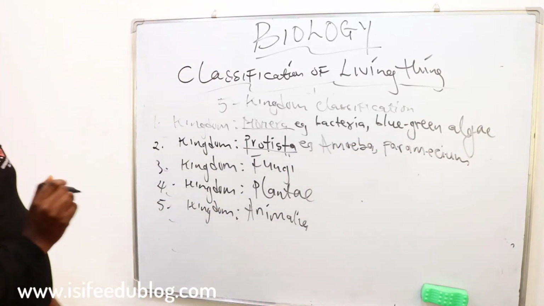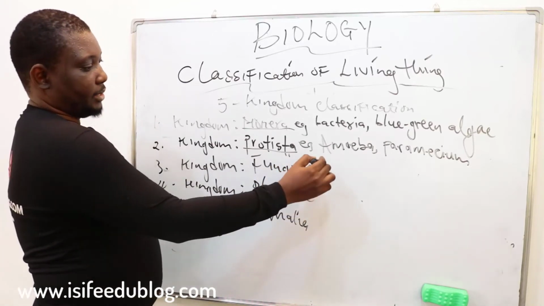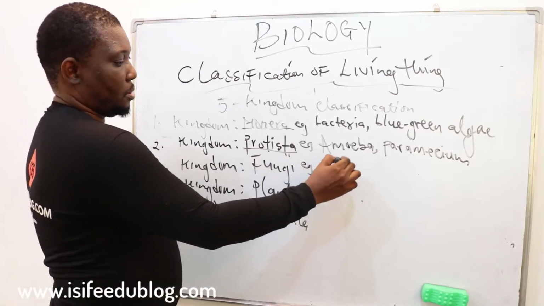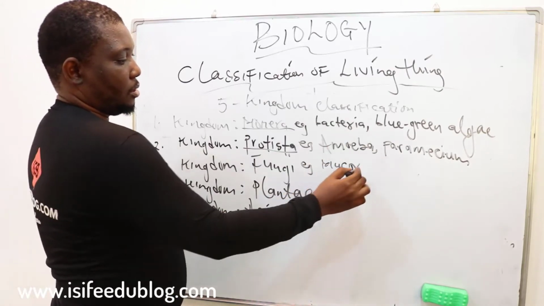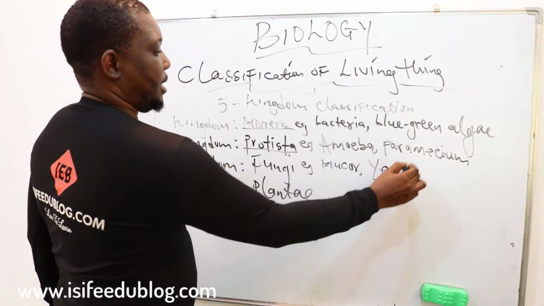The representatives of the fungi, we have what you know as the mucor. We also have maybe yeast. You can add yeast there.